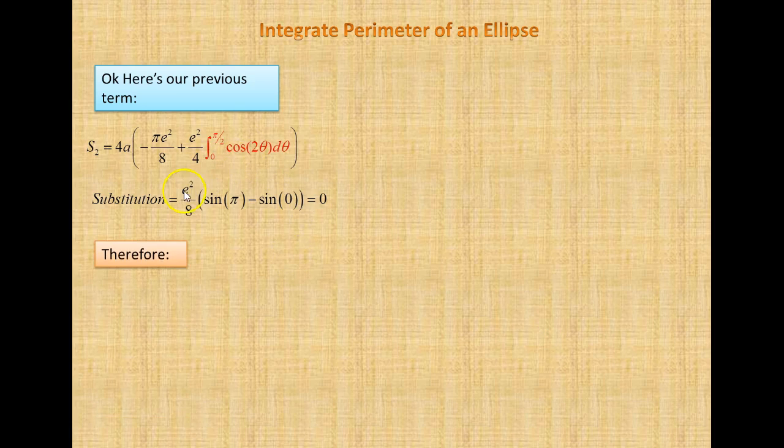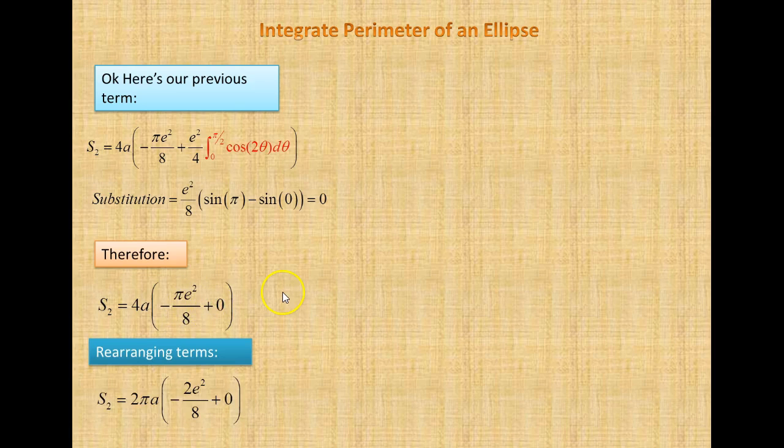So here's our previous answer and our substitution, which is 0. Therefore, S2 is equal to 4a times minus pi e squared over 8 plus 0. Rearranging terms, 2 times 2 is 4, remember? So that's 2 pi times a times 2 over 8 e squared, okay?